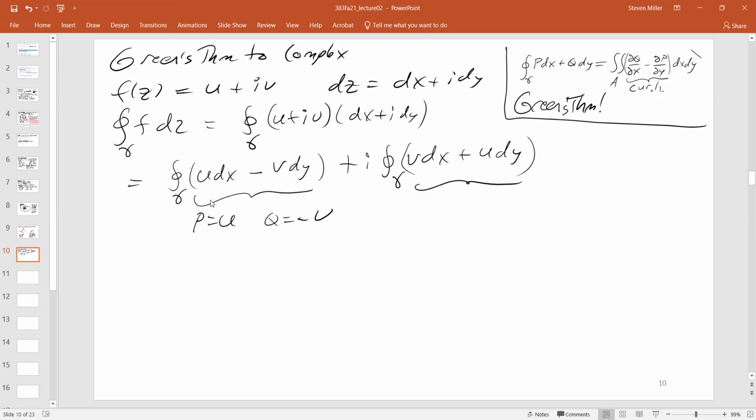And over here, it would be P equals v and Q equals u. So now we need dQ/dx minus dP/dy. Well, that's going to just be dQ/dx is negative dv/dx, and dP/dy is going to be minus du/dy. And what is that equal to?